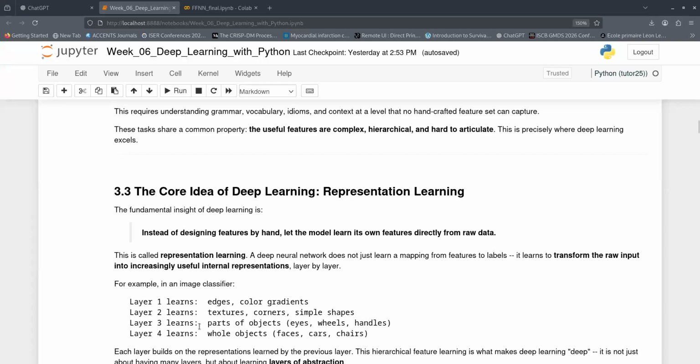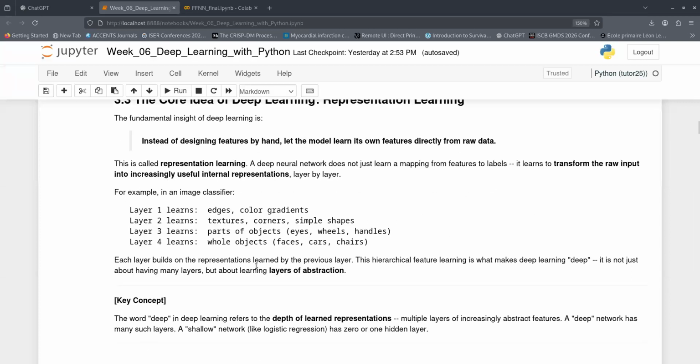Then layer three learns parts of objects, like eyes, wheels, and handles, and layer four learns whole objects themselves, like faces, cars, and chairs. So each layer builds on the representation learned by the previous layer. This hierarchical feature learning is what makes deep learning deep. And it's not just about having many layers, but about learning layers of abstraction.